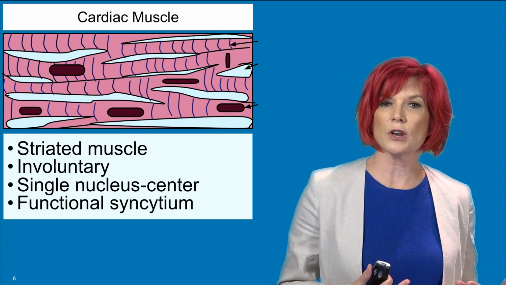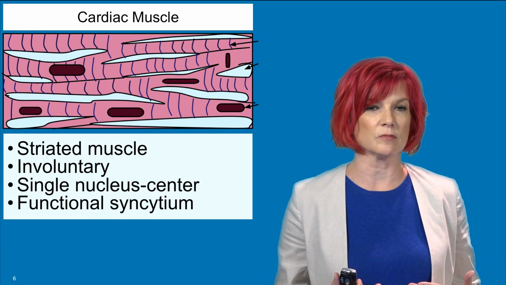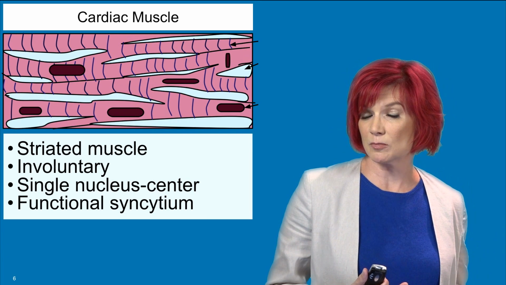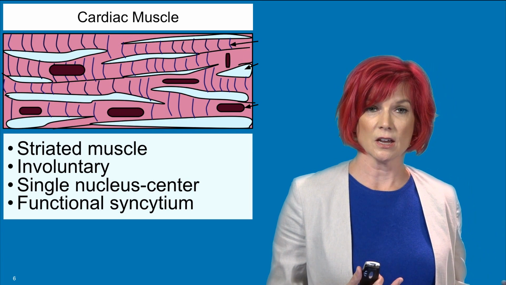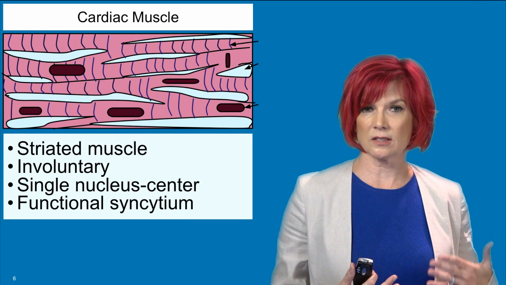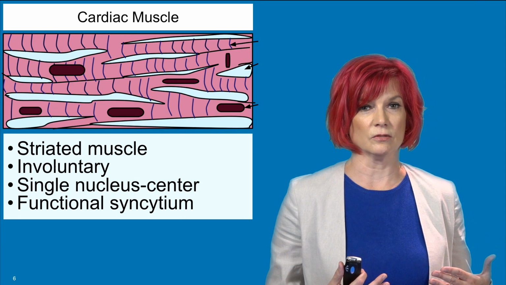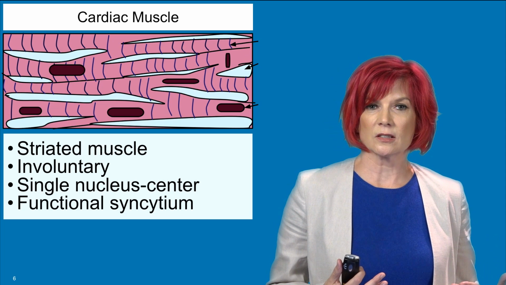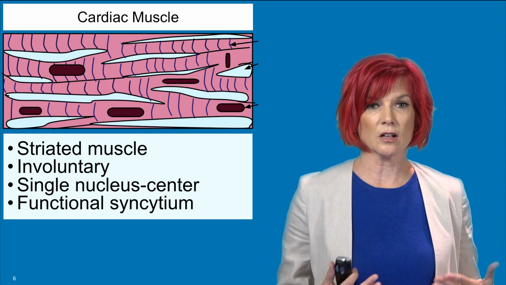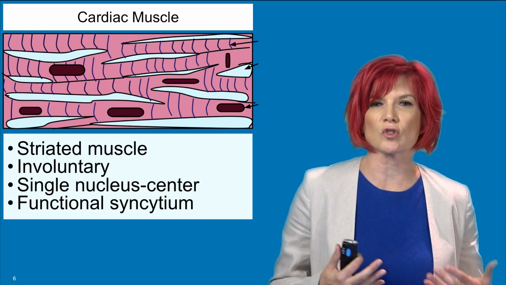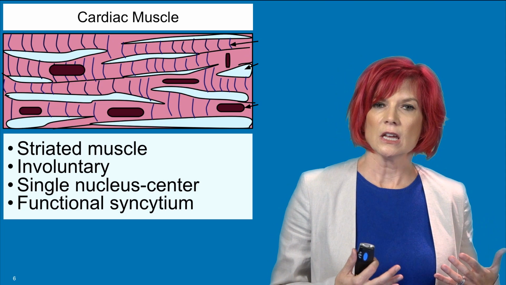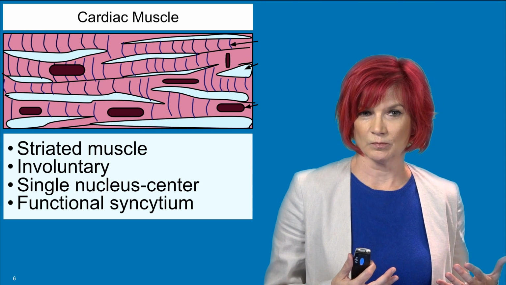Cardiac muscle is one of 2 different types of striated muscles. Cardiac muscle, like smooth muscle, is involuntary. The nucleus is also at the center of the cardiac muscle fiber. What also makes cardiac muscle similar to skeletal muscle are these distinct striations that occur inside the cardiac muscle.